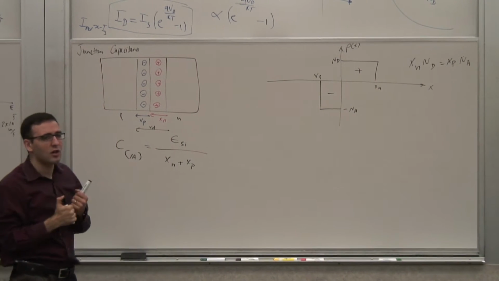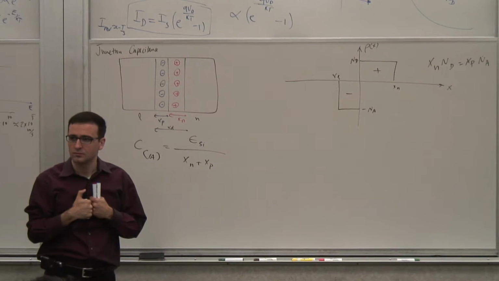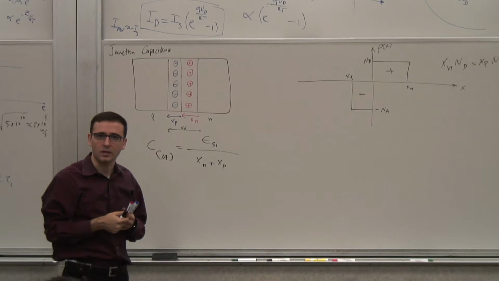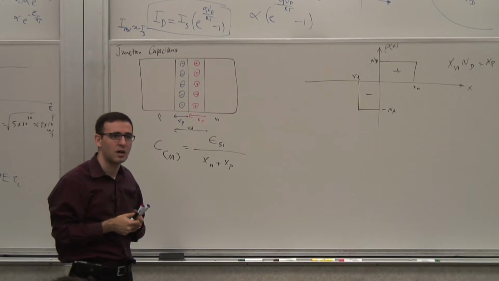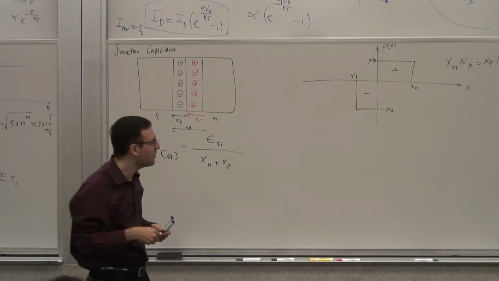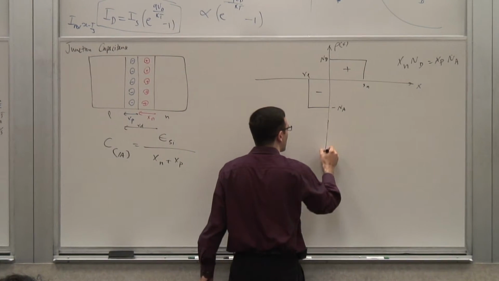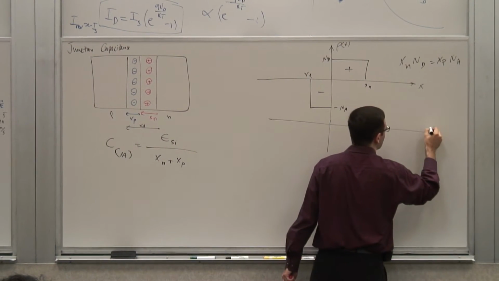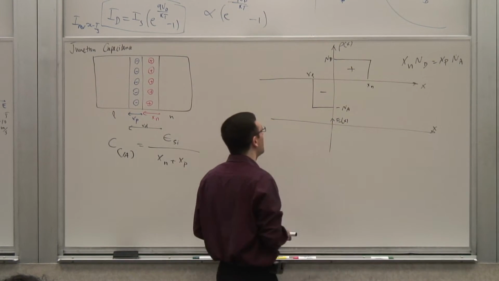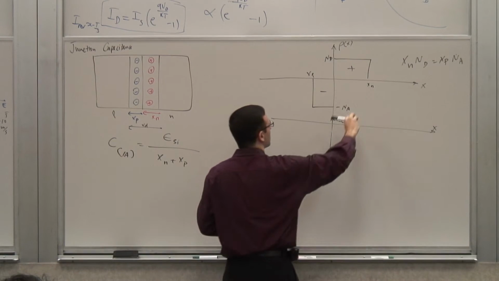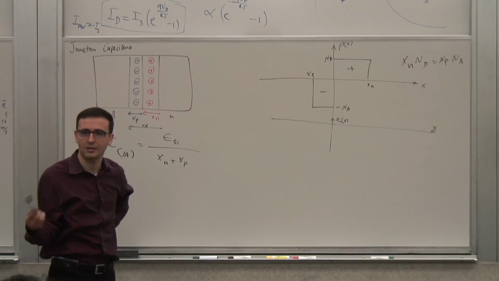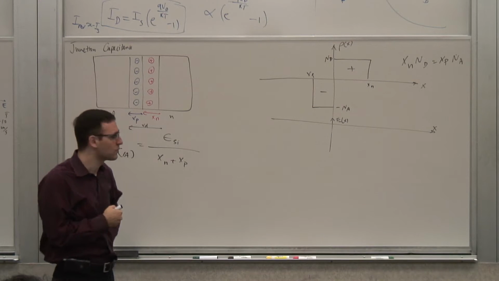Okay, now if I have the charge density distribution, the charge density at any point in space, I can use that to calculate what? My electric field. Right? So I can determine the electric field at any point as a function of x. So I'm interested now in E of x. Now the electric field is negative because it will be pointing to the left at all points, because I have positive charge on the right hand side and negative charge on the left hand side.